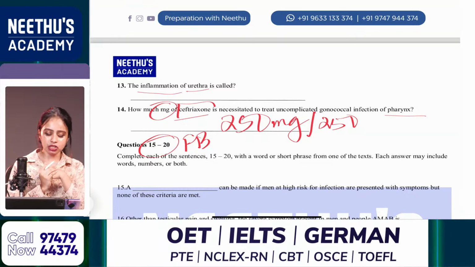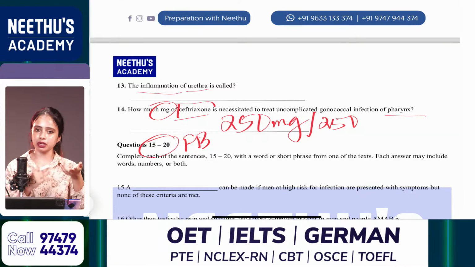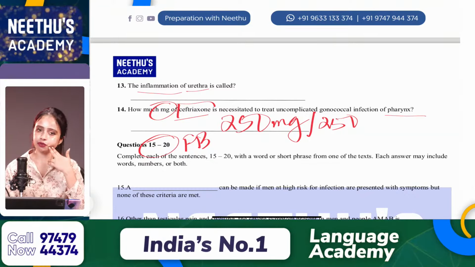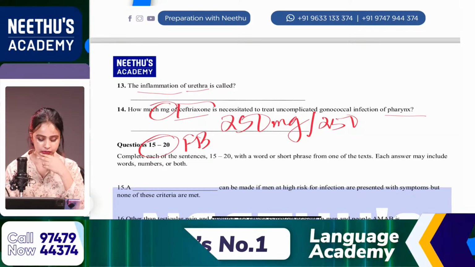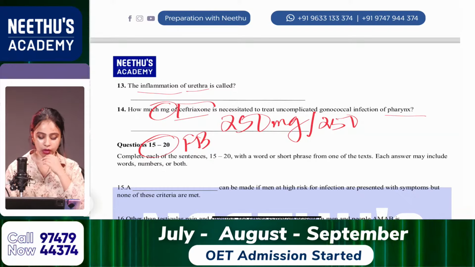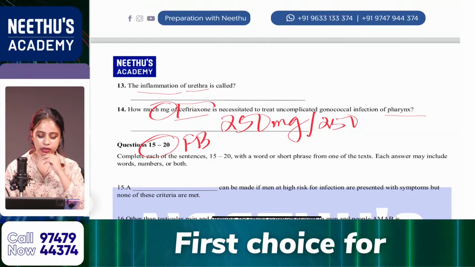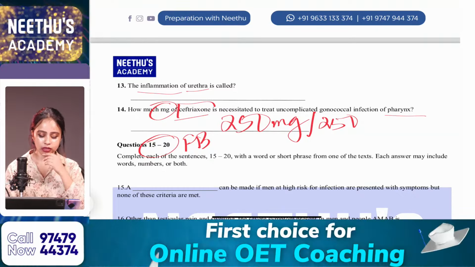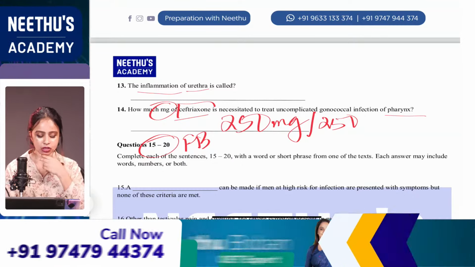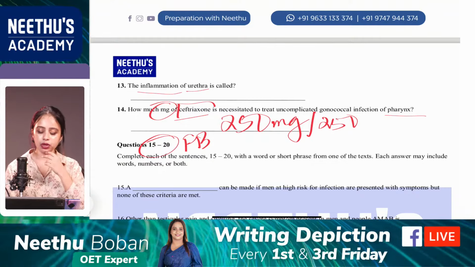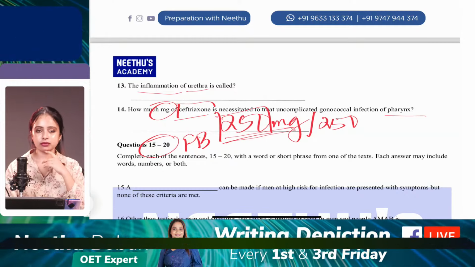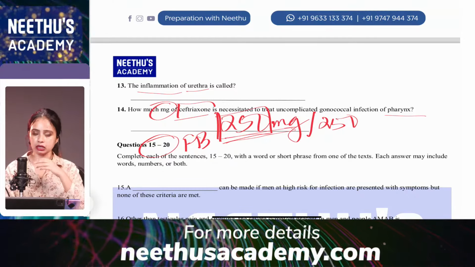Mg is mentioned in the question, so you don't have to repeat it. Mg is given, so it is not required. So the answer is 250. Okay, 250 is the correct answer.